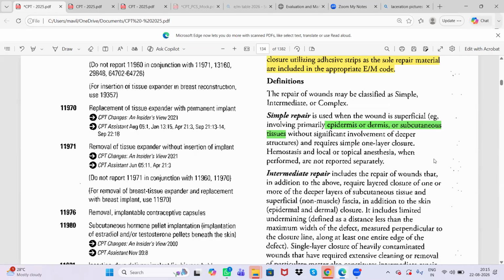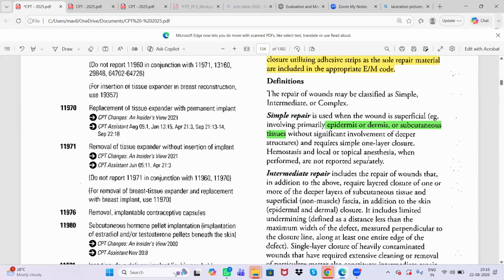What is another name for subcutaneous tissue? Fat tissue. So if the epidermis, dermis, or subcutaneous tissue is repaired with suture or any method, at that time you can consider it under the simple repair.